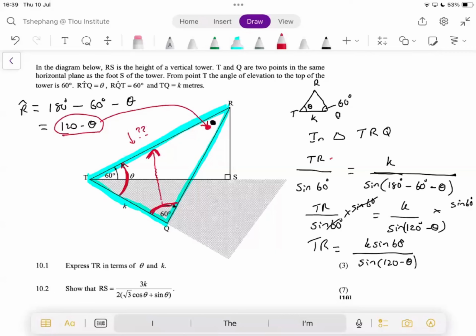That's why I'm saying TR over sine of 60 is equal to K. I cannot use QR because this is also unknown. So I have to use what is given. That's why I'm saying K over this angle. These two go hand in hand. K over sine of, if you want to say 120 minus theta, that's perfectly fine. I was just showing you guys where I got it there.